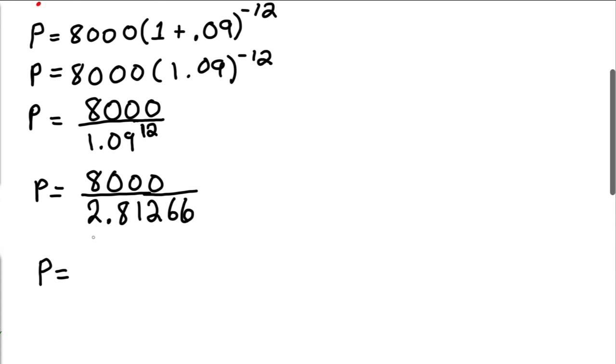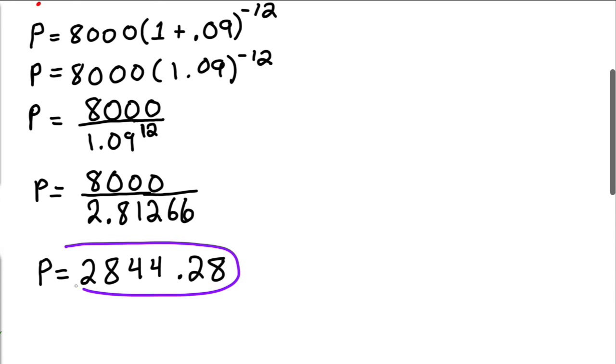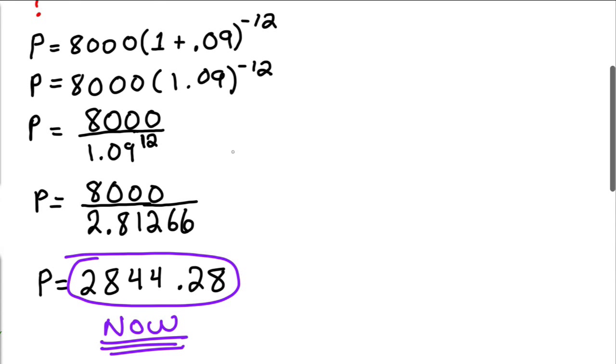Then if you divide those in your calculator again, you would get 2,844.28. So what does this number represent? This is the amount of money I need to invest now, in the present time, so that I will have $8,000 later, later meaning in 12 years.